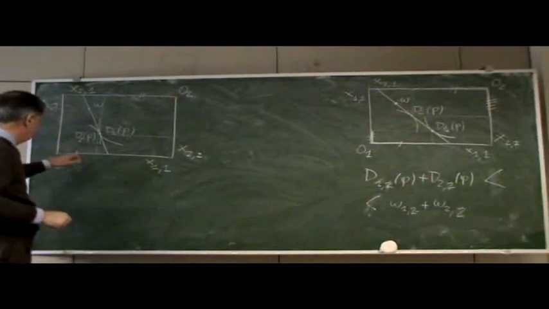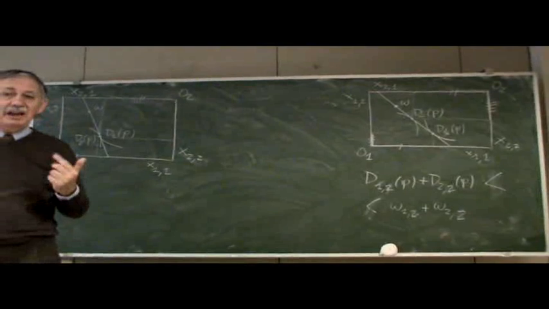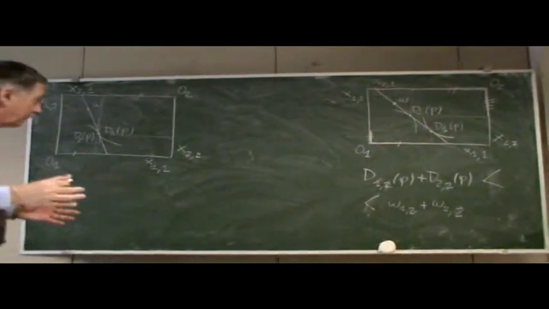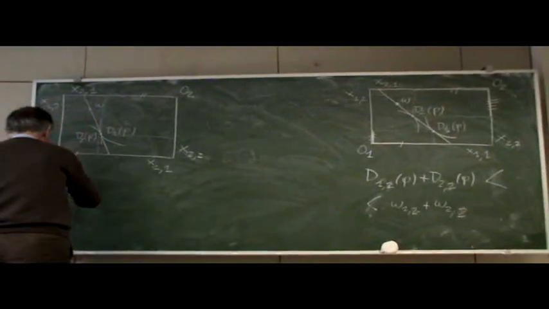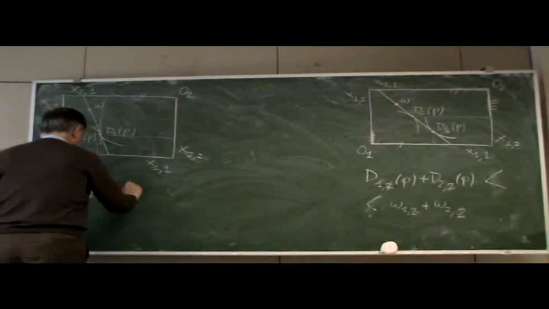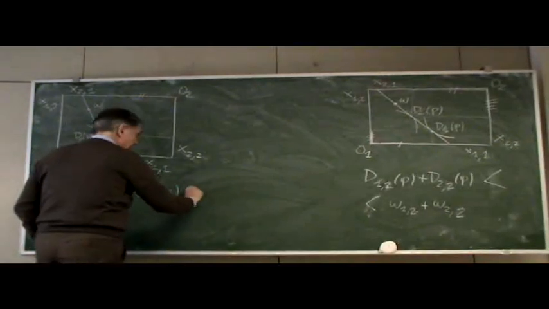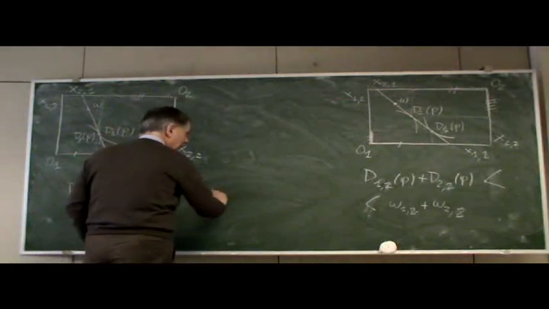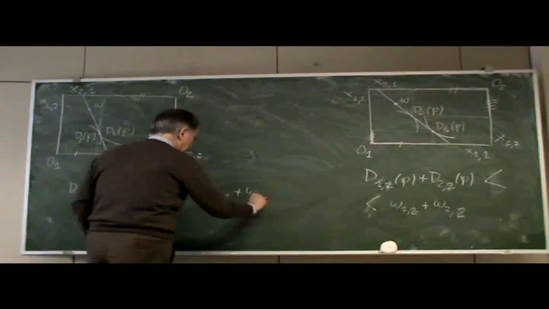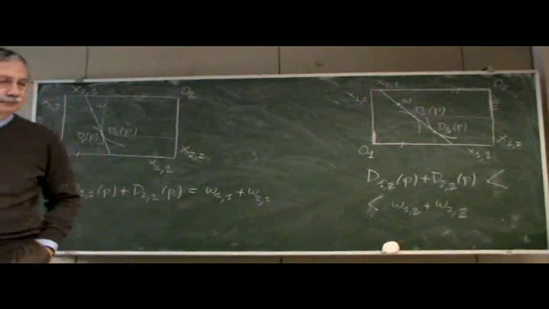But you note that the sum of these two intervals is actually equal to the length of the base of the Edgeworth box. So you have that D11 of P plus D21 of P is exactly equal to omega 11 plus omega 21. Equilibrium of the market of good 1.